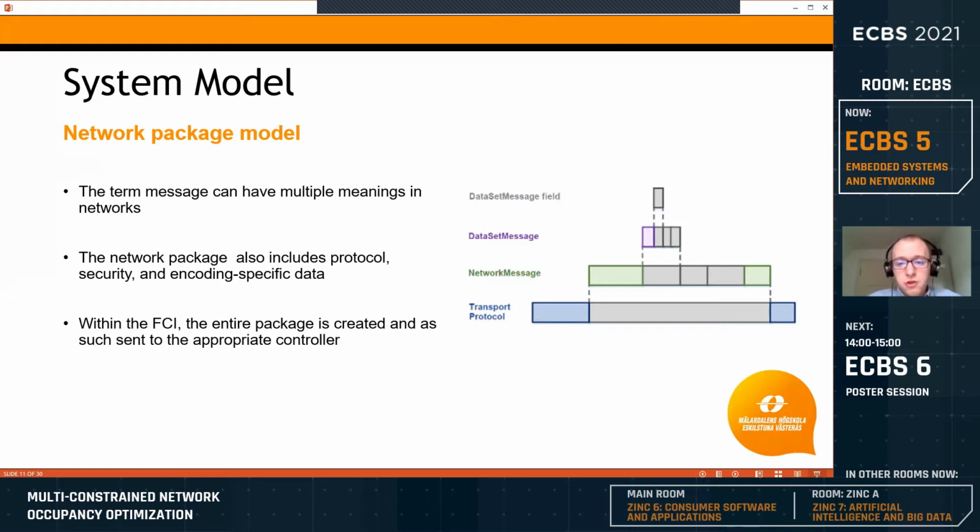But of course, by Ethernet standards, besides that payload, there are also various headers that define other information, like security information, etc. And it's important to know that within the field control interfaces, the entire package is created and sent to the appropriate controller.